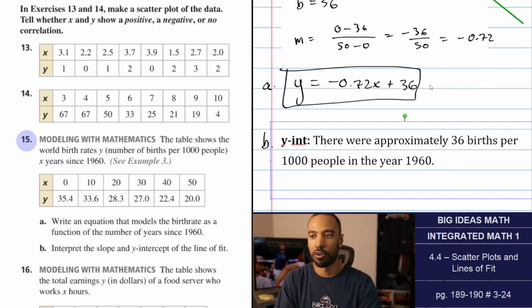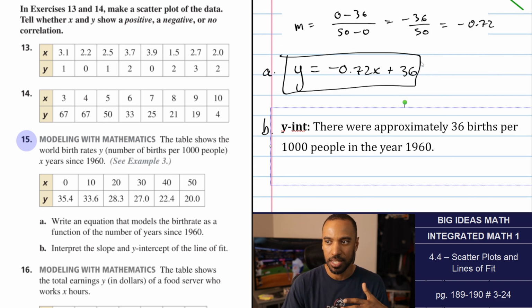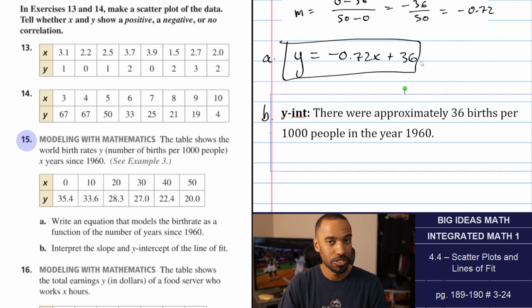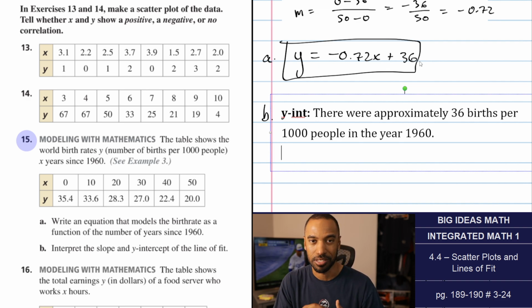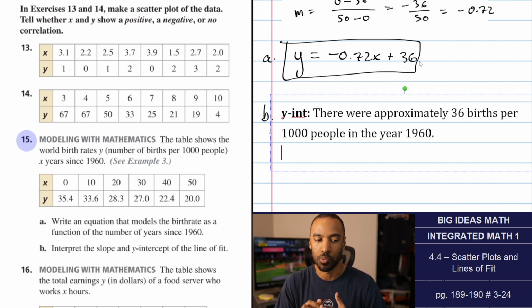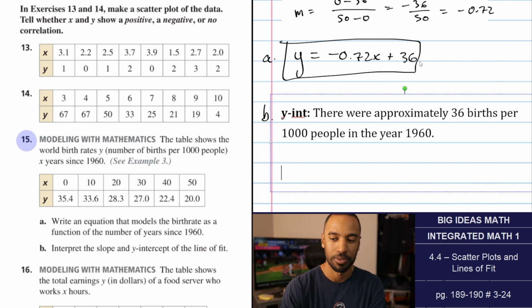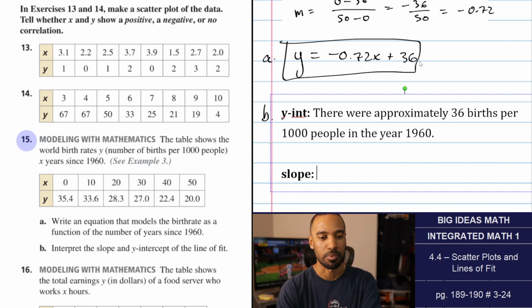Now, we had one version of it that was down 36 over 50. That's every 50 years, the number of births. Wait. Yes, the number of births per 1,000 people is decreasing by about 36. We have the negative 0.72, though, as well. So we can say for the slope, let's see. This is going to be tough because there's a per on this actual y value as well. The y itself is a rate, it's not just a quantity.